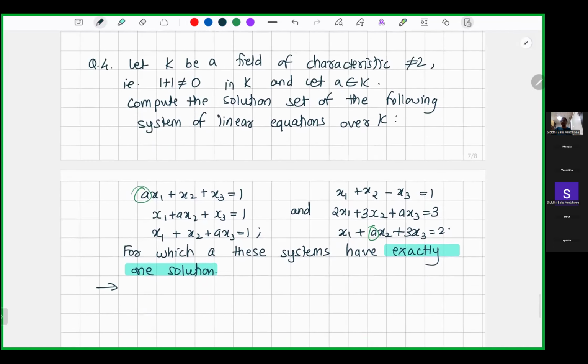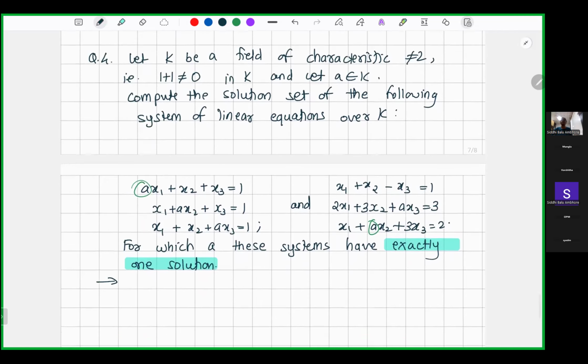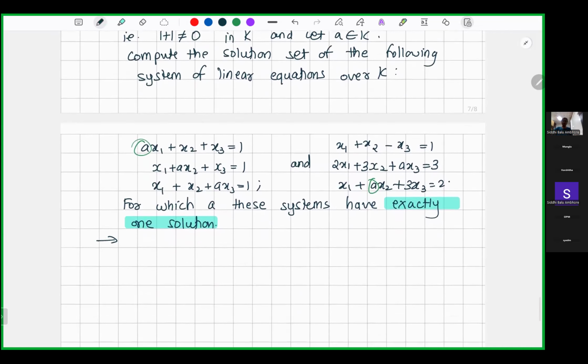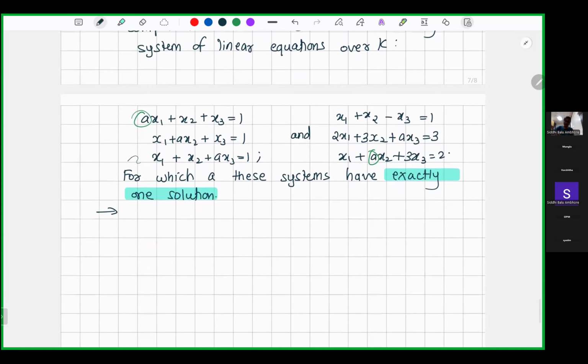What is the condition where we have exactly one solution? Can someone please tell me? When I write this system in the form AX equal to B, what is the condition on A for which I will have exactly one solution? Can someone tell me?